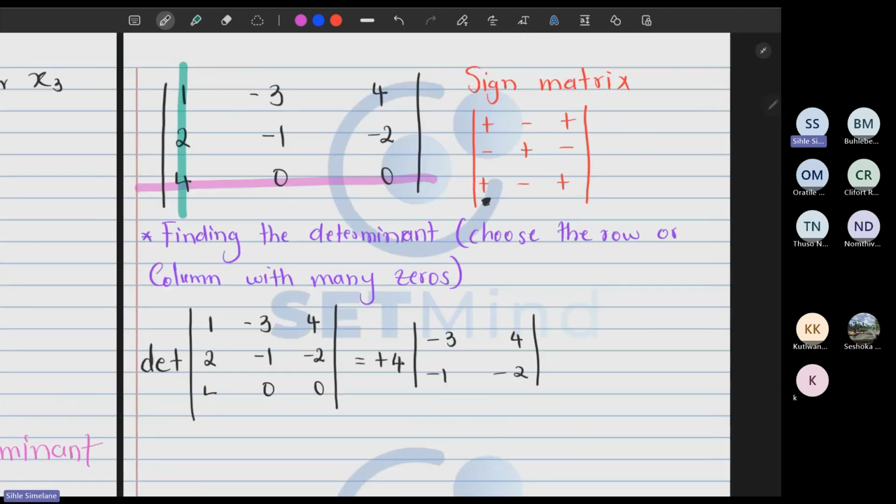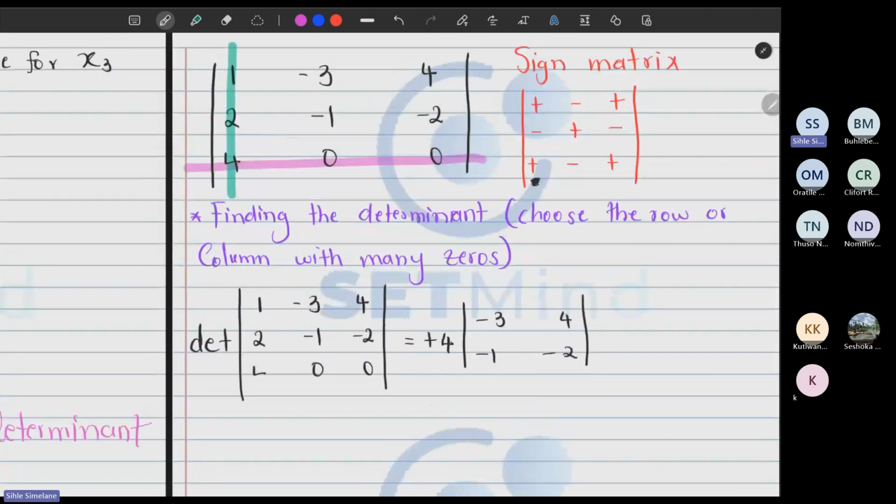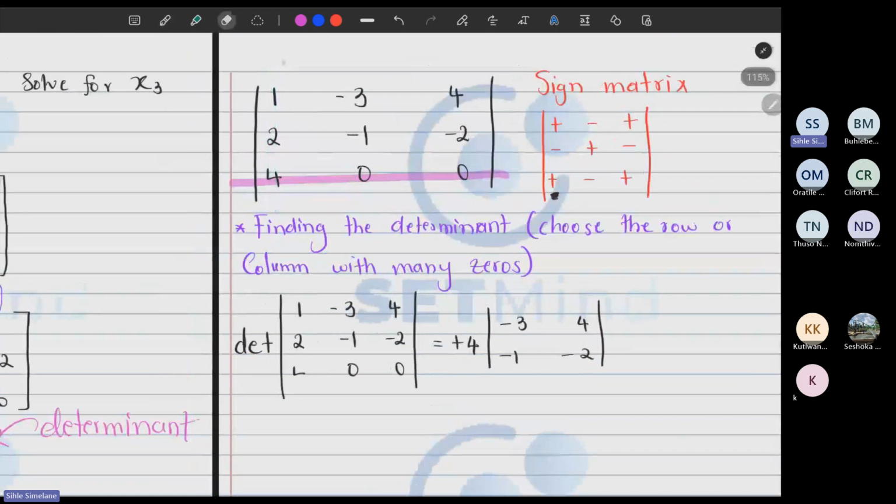Okay, then remember we need to traverse. So there's no need for me to traverse along my row because when I go there will be a 0 which will multiply everything, just like the 4. And then when I go here, there will be a 0 which will multiply everything. I hope that makes sense. What I mean, in case you do not see it, is that I look at my sign matrix, it is saying I need a negative there, but the number which is there is a 0.